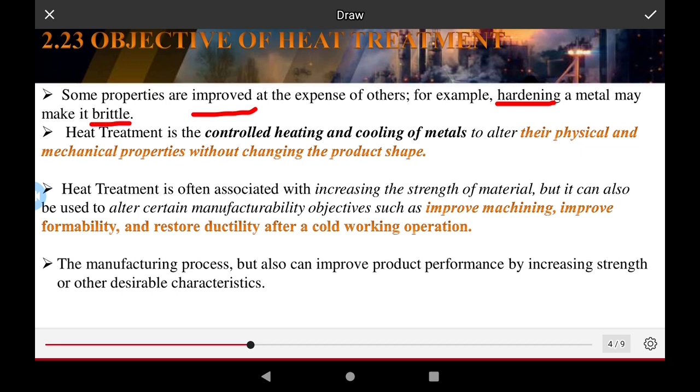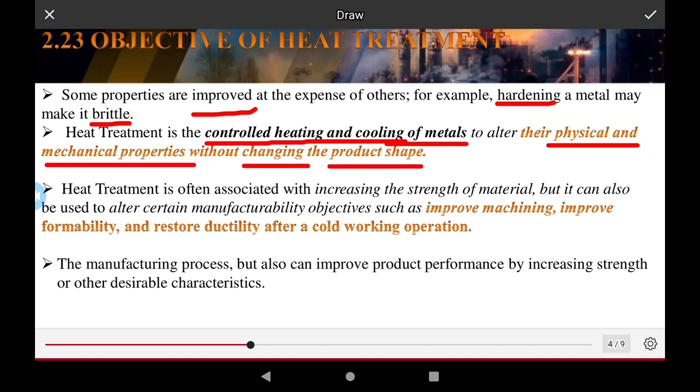Heat treatment is the controlled heating and cooling of metals to alter their physical and mechanical properties without changing the product shape, that is, changing the mechanical properties of the product without changing its shape and size.